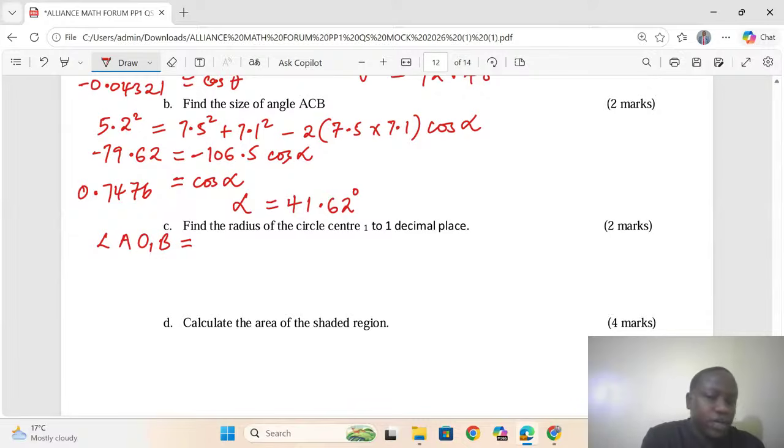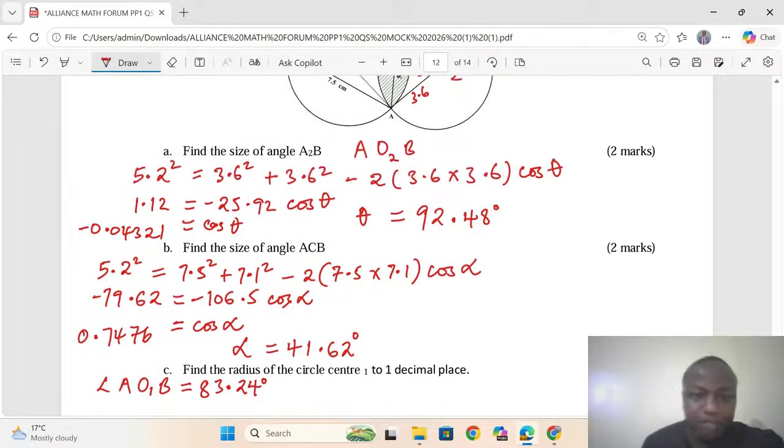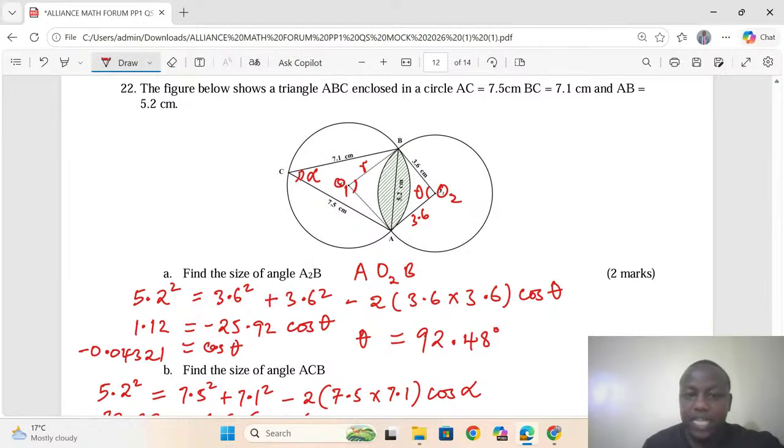Check 41.62 by 2. I'm getting 83.24. The angle at the center is 83.24.